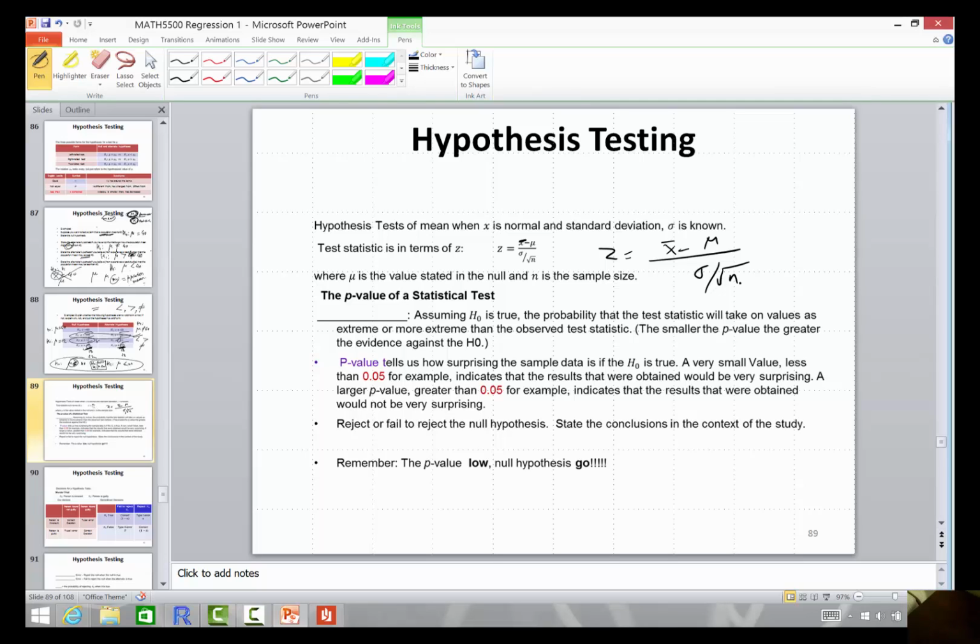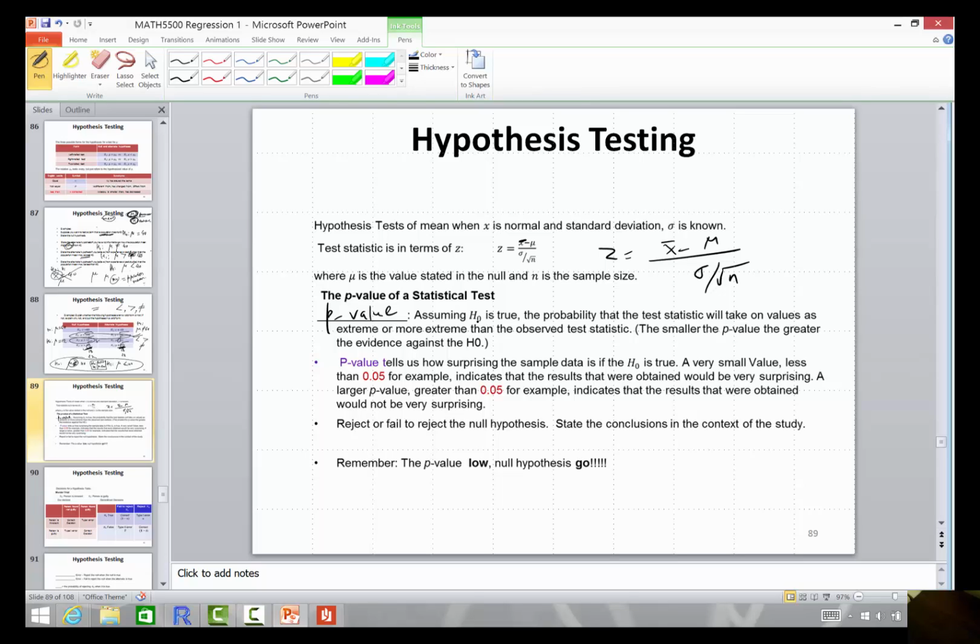In the sample size, mu is the population mean, right? The value is stated in the null. So I should fill up here. This is called the p-value. I will explain the p-value when I go to the example, but let me read a little bit here.